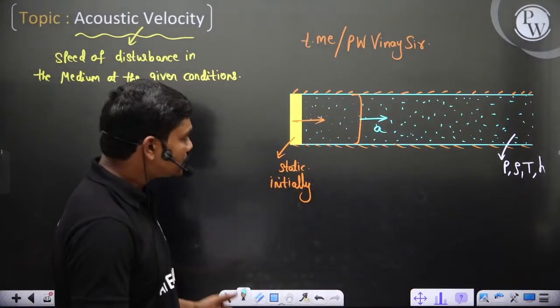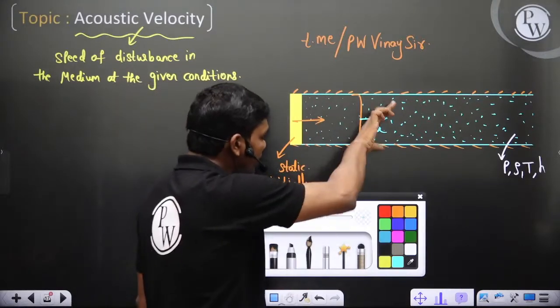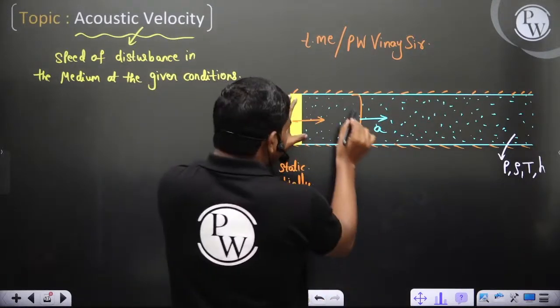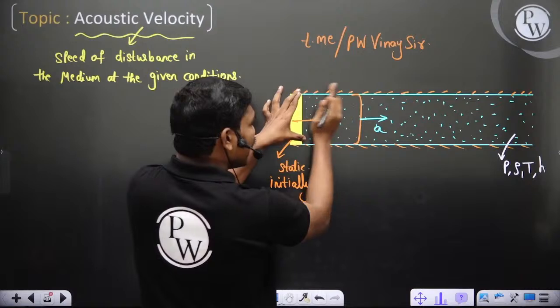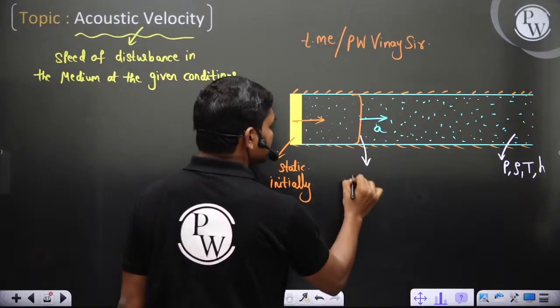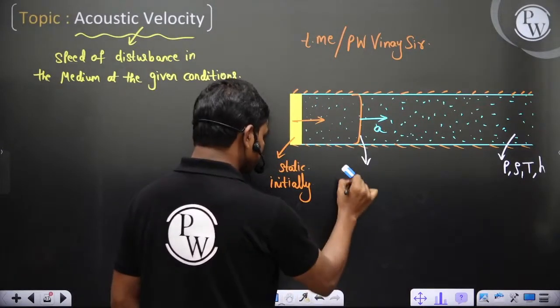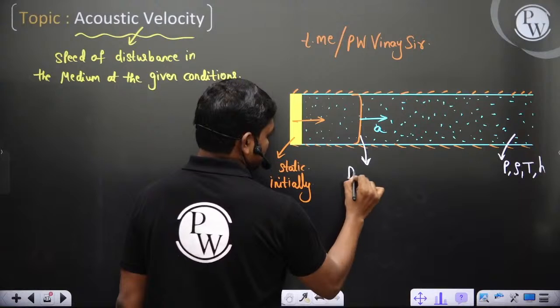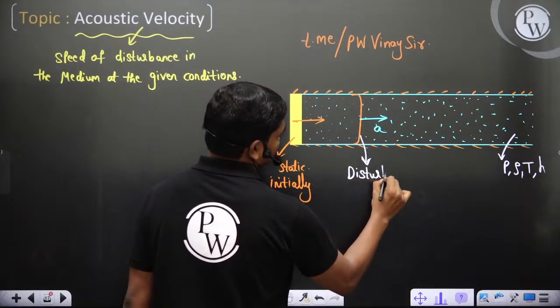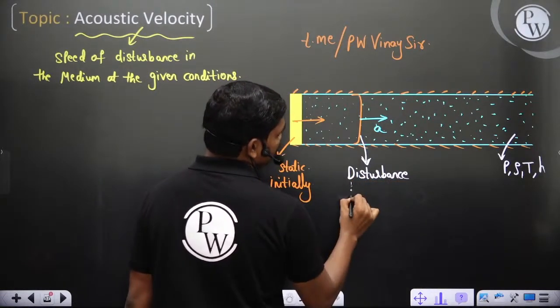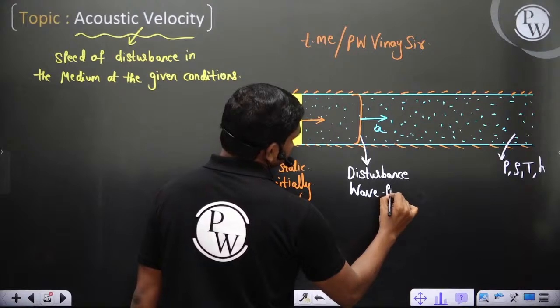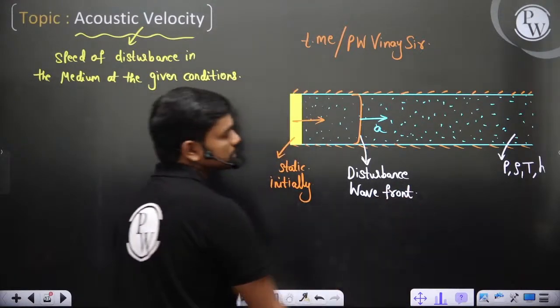Now definitely when this is moving like this, this part of the gas which is behind this wave front, the disturbance wave front.